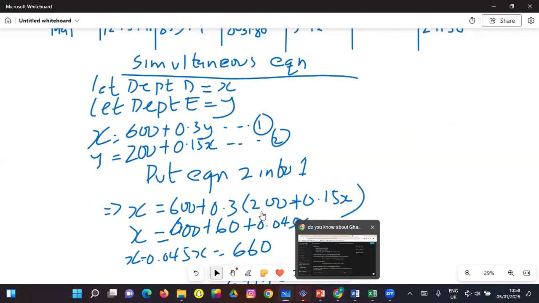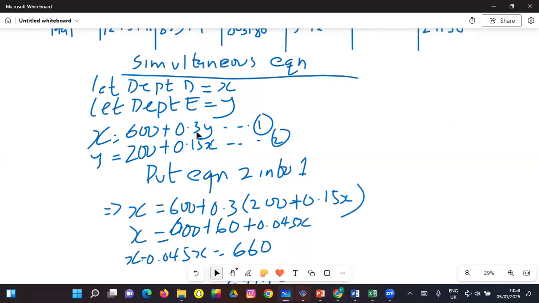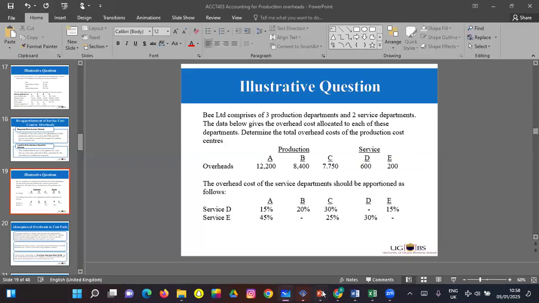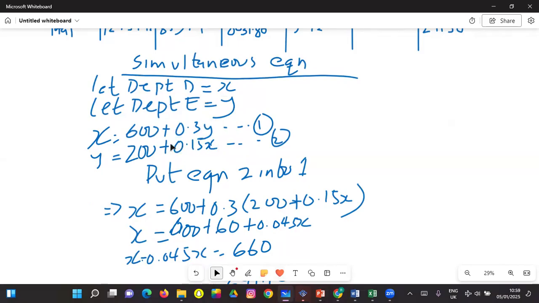Then, because department D will be sharing towards department E, in case of sharing to be given to service department E, you are going to represent Y here. Then here too, 200 and then 15%. So we are just going to bring it here: 200 plus 15% of X, which is the service department D. So here 600 plus 0.3Y, and here 200 plus 0.15X, right?